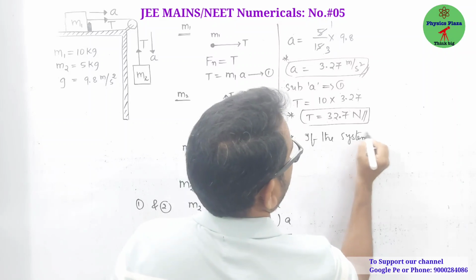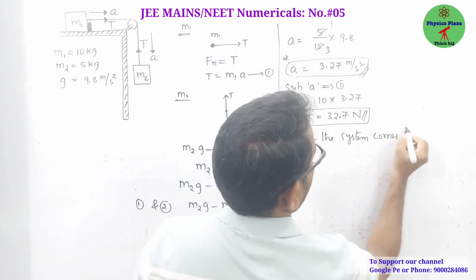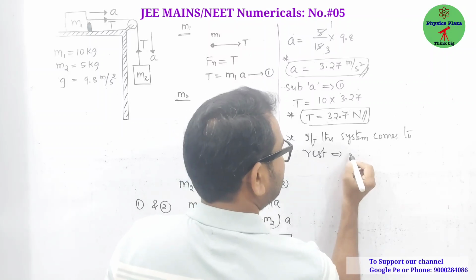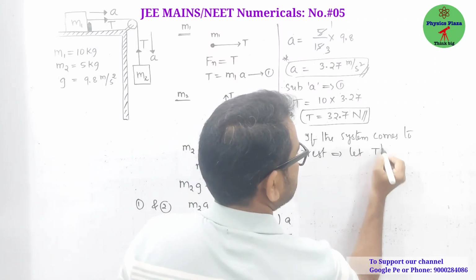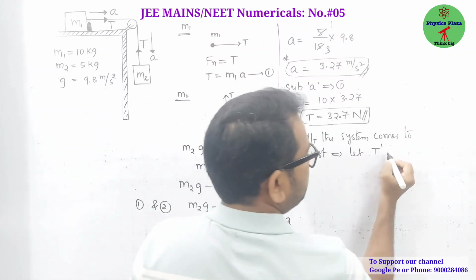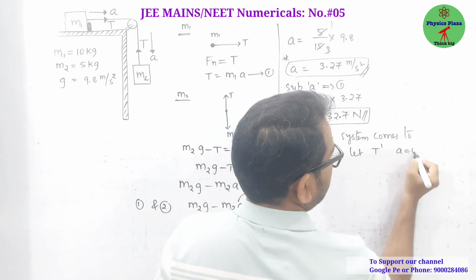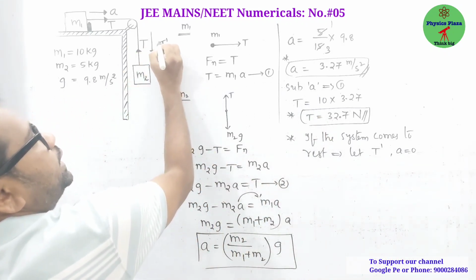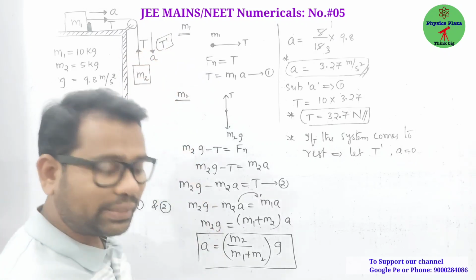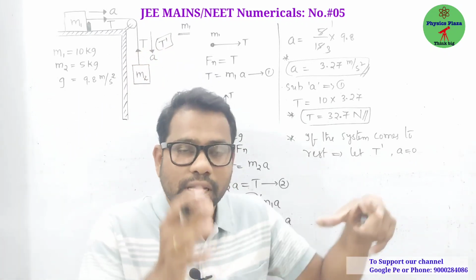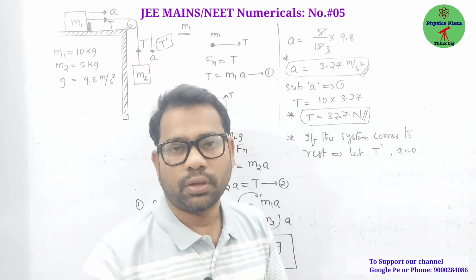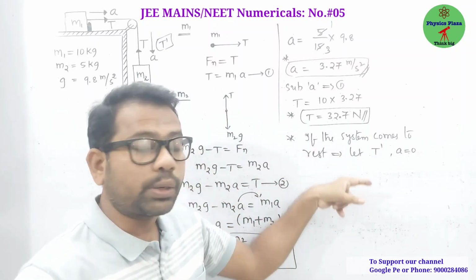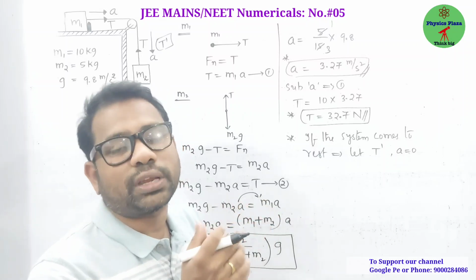Let us say T dash is the tension developed in the string when the system comes to rest. So in that case, what will be the tension acting in the string?